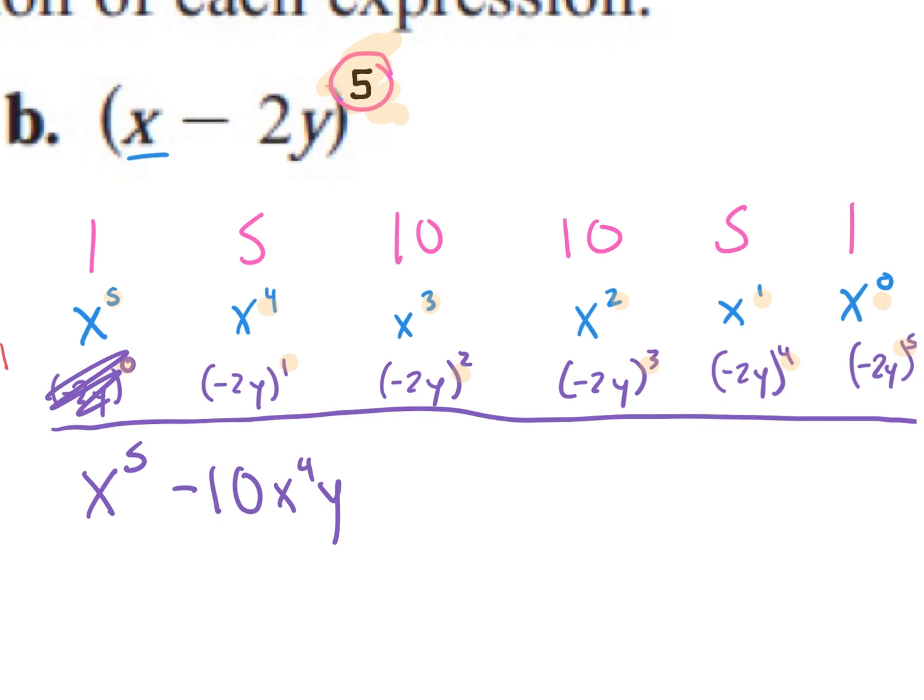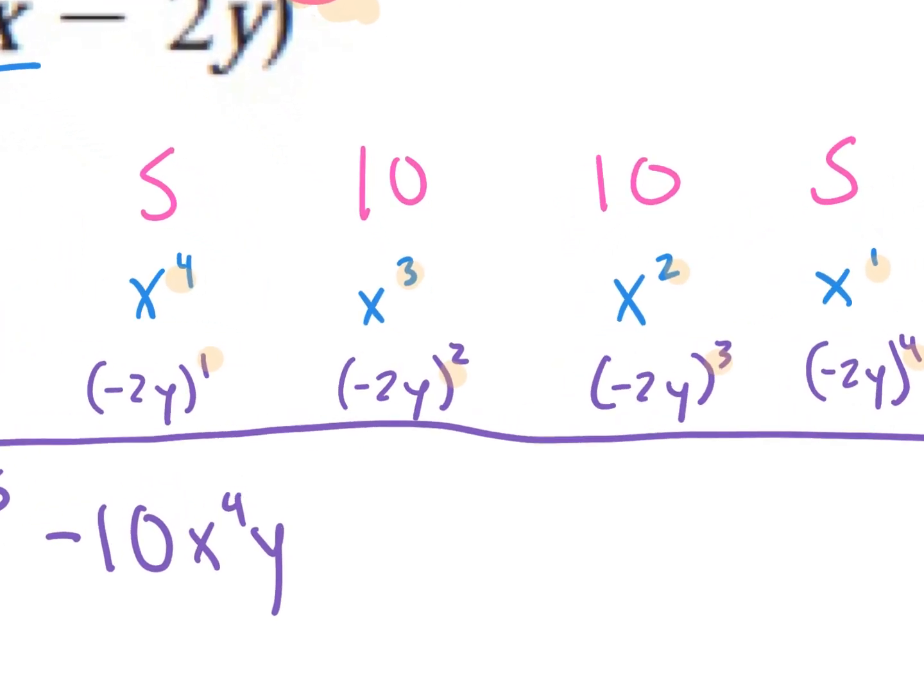All right, in our next column, we have 10 times x cubed times negative 2y squared. What is negative 2y squared? 4y squared. So our coefficients that we're multiplying here are just 10 times 4, which would be 40. And then our exponents are x to the third power y squared.